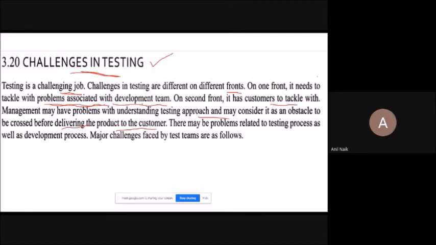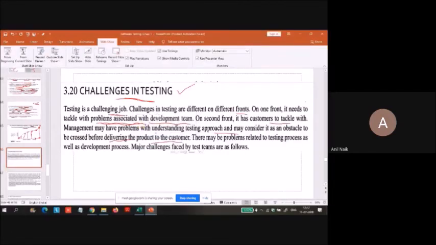If the testing team has not understood or needs some clarification, it is difficult to cooperate. So there may be problems related to the testing process as well as the development process. These are major challenges faced by the test team.